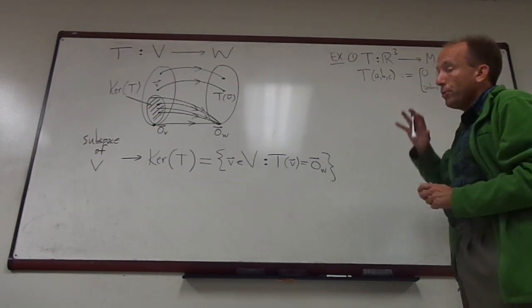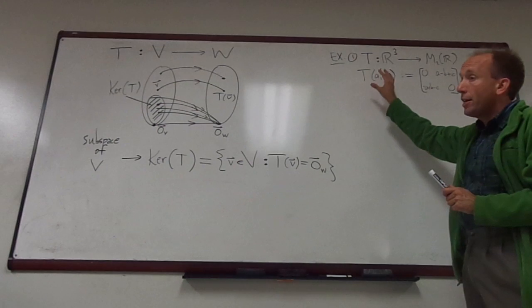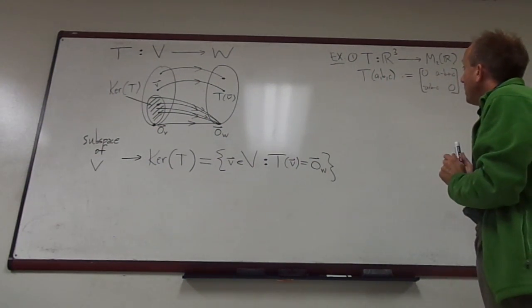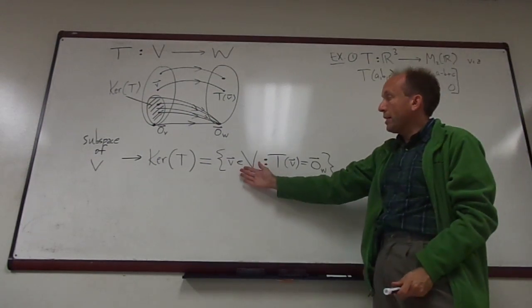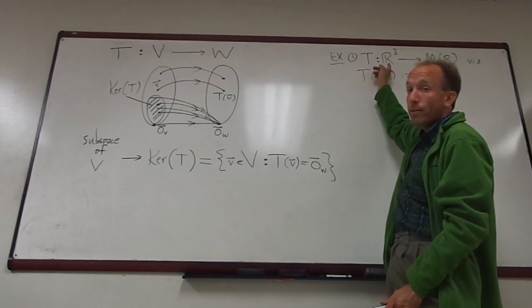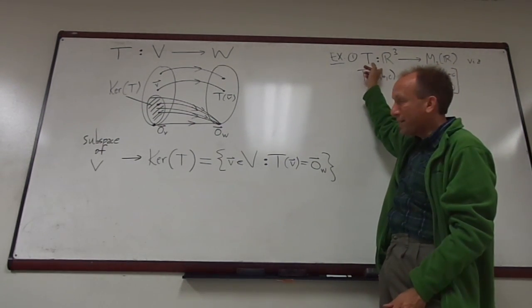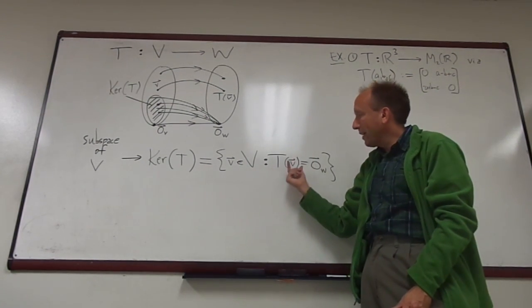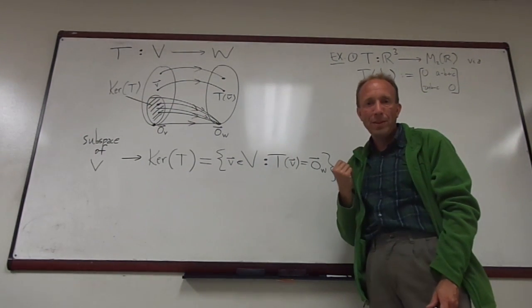What I want to do instead is focus on trying to find the kernel of this transformation. Let's remember what it is again. It's the inputs from V, so it's a subset of R3 actually. We're focusing on the R3 side. It's the vectors in R3 that get killed by the transformation.